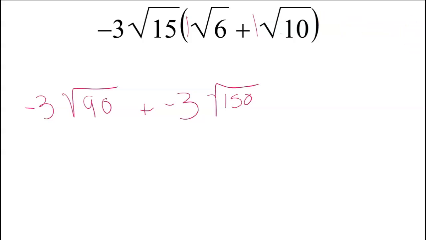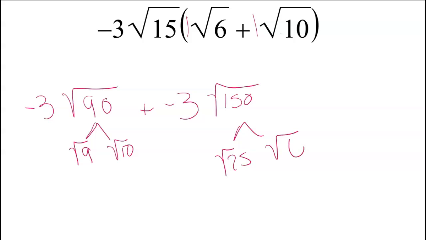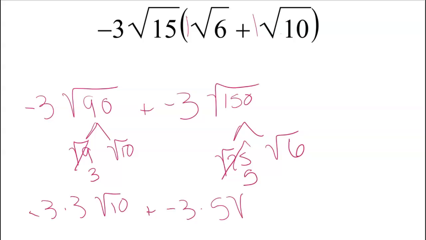Well, sure, 90 can go down to the square root of 9 times the square root of 10. And 150 can go down to square root of 25, square root of 6, right? Okay, so 9 will be a 3, 25 will be a 5. Negative 3 times 3 square root of 10 plus negative 3 times 5 square root of 6, right?